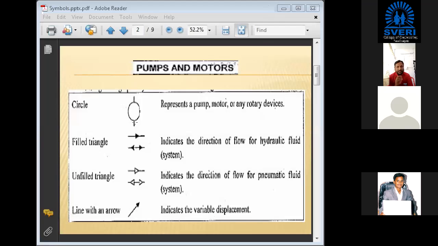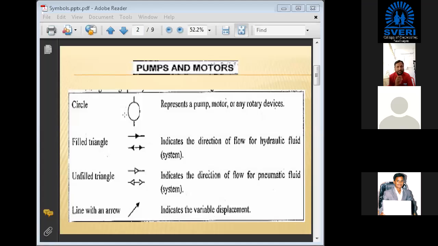If in a circuit diagram or design you want to represent a pump or motor or any rotary device, a pump is a rotary device, a motor is also a rotary device, then you can show that device in the circuit diagram by this circle.